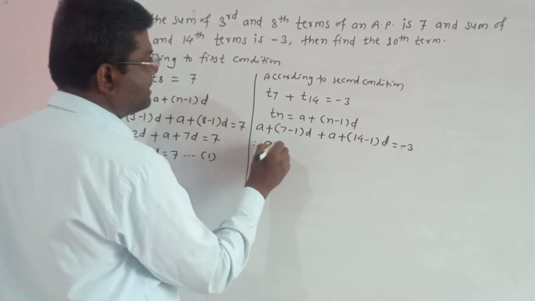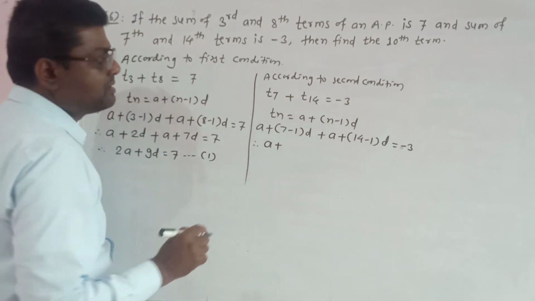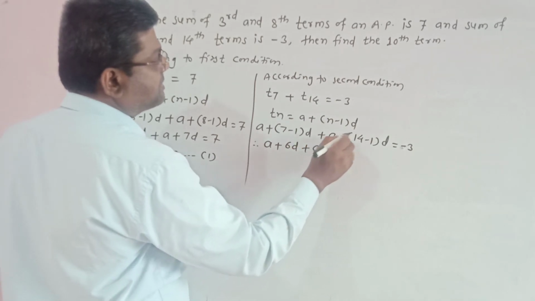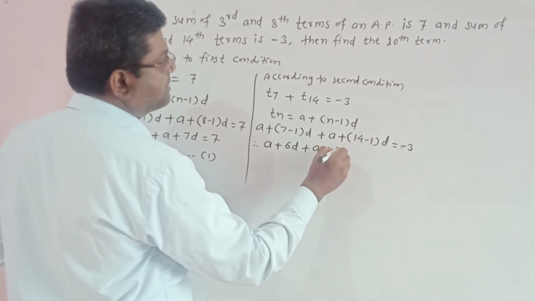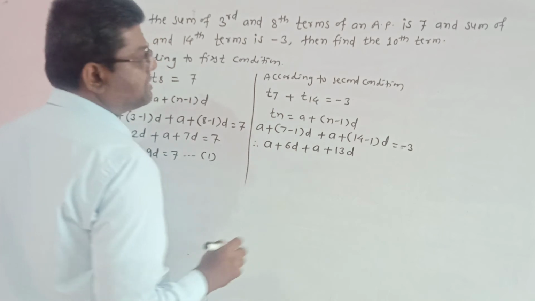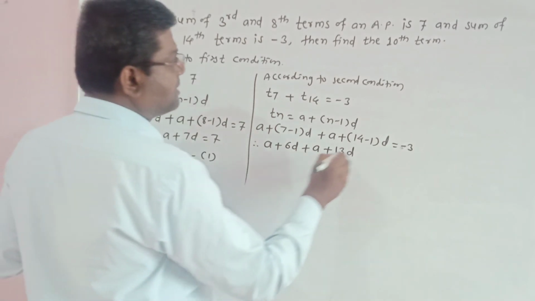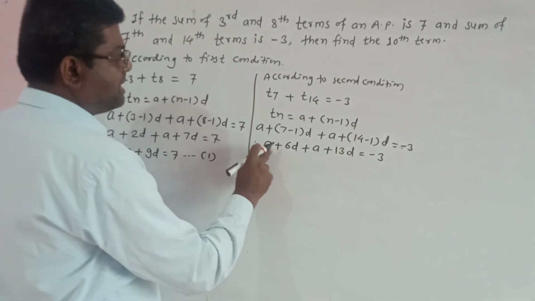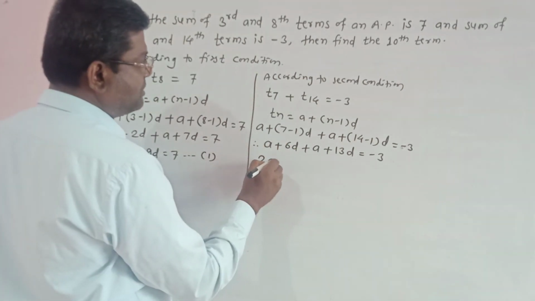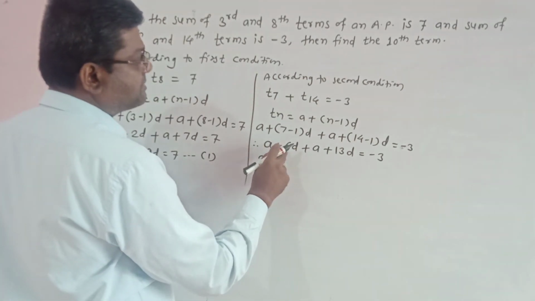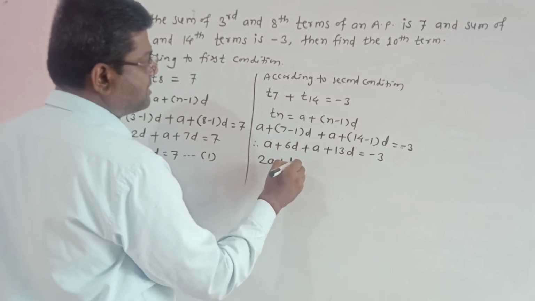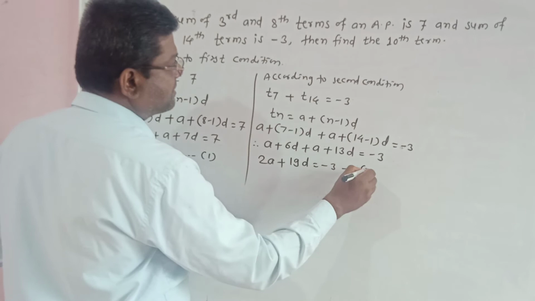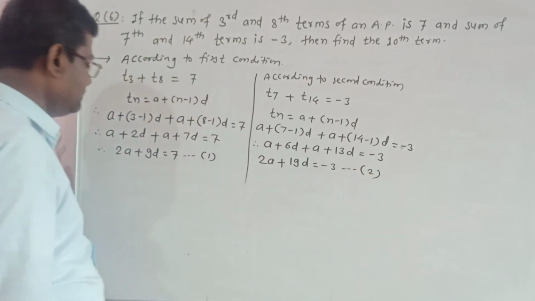Therefore A plus 7 minus 1 is 6D, plus A plus 14 minus 1 is 13D, is equal to minus 3. So A plus A, that is 2A, plus 6D plus 13D is 19D, is equal to minus 3. This is equation number 2.